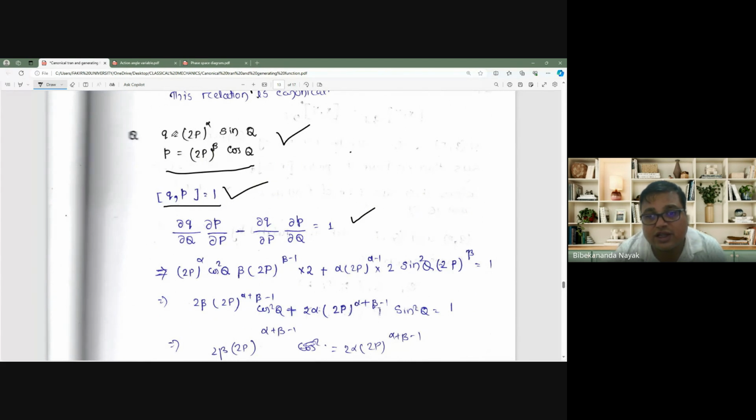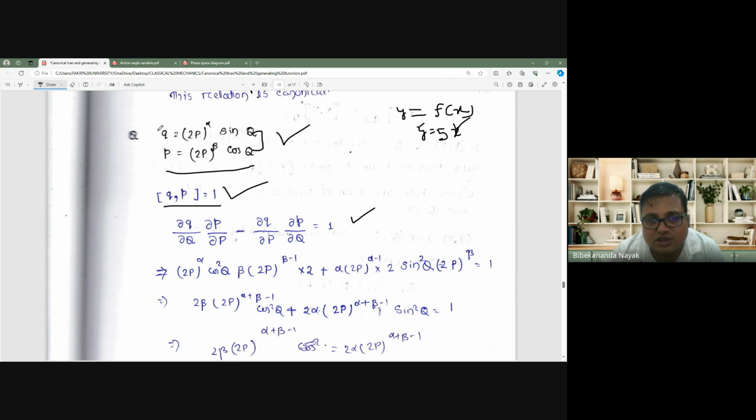Here we take the transformation from capital Q, P to small q, p, because small q, p are given here. Suppose y is equal to f(x): we know our old variable is x and the new variable is y, which is f(x). Our old variable will be x, and the new variable is written like this.